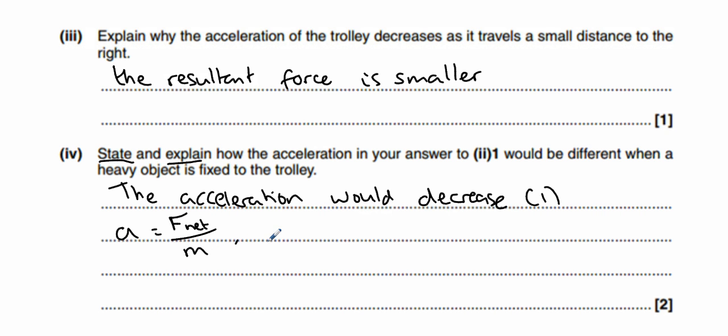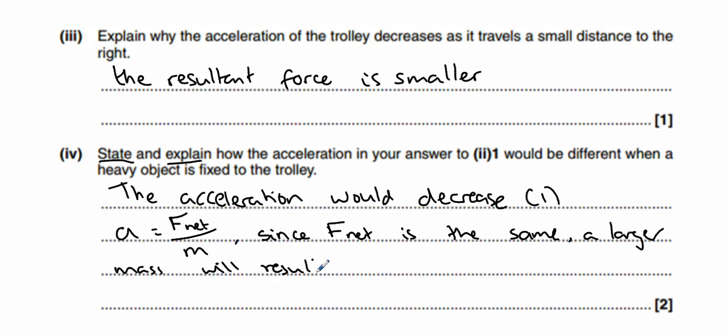Then you can say since F net, or the net force, is the same, a larger mass will result in a smaller acceleration. This is implied in the question, that the net force is going to stay the same.